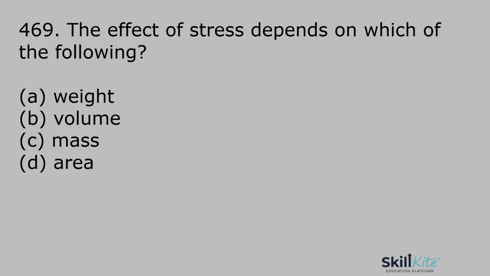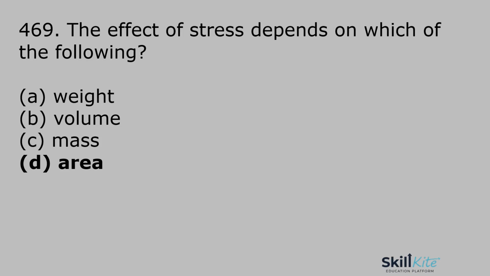The effect of stress depends on which of the following? So that depends on the area. When the deforming force is applied to an object, the object deforms. In order to bring the object back to its original shape and size, there will be an opposing force generated inside the object.